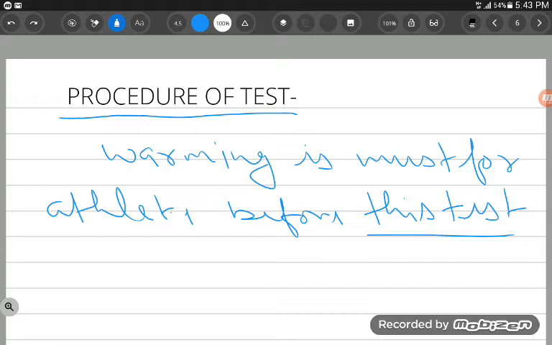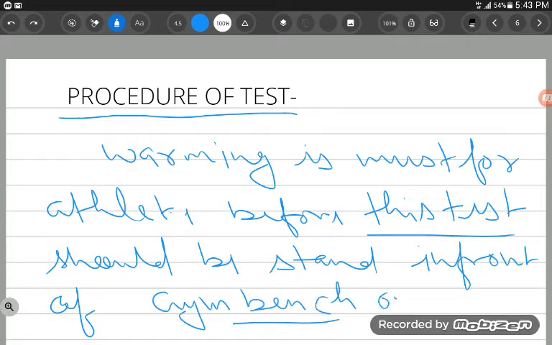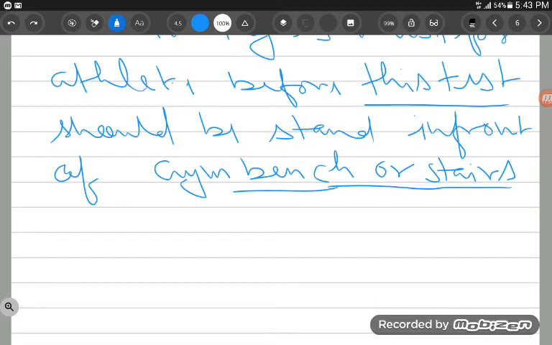Then all the athletes should stand in front of the gym bench or stairs where you will organize this test.